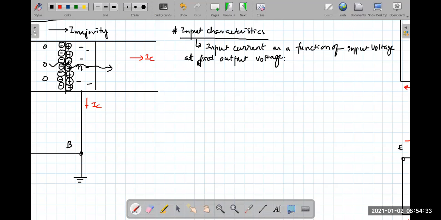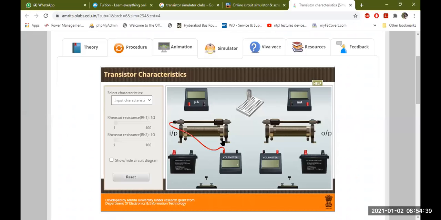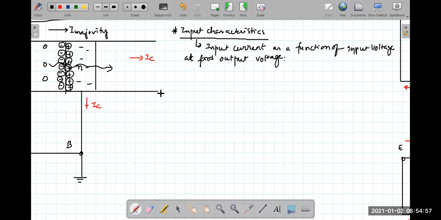Actually, I wanted to show this, but here you need to make some connections like this. You are expected to make some connections in this manner. So we will do this after finishing this. After finishing the theoretical part, I'll show this one. In fact, that's how you do it in the lab.